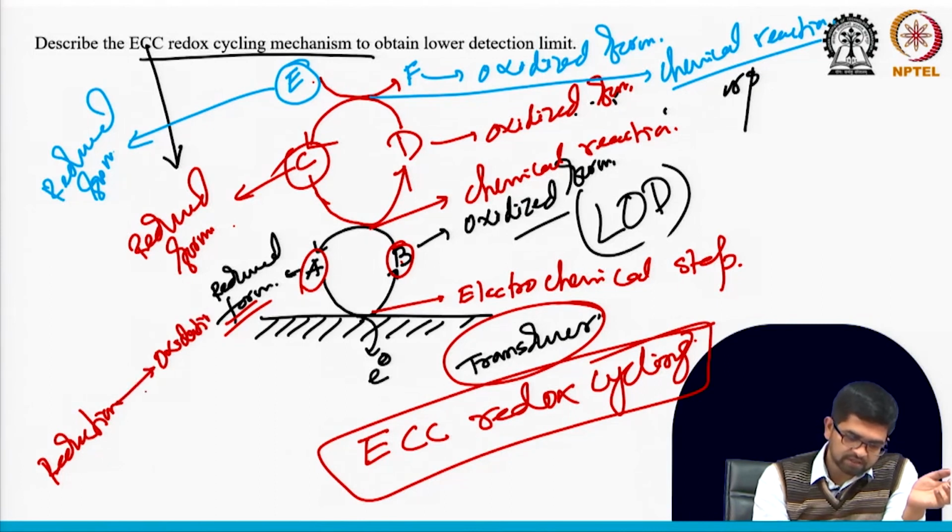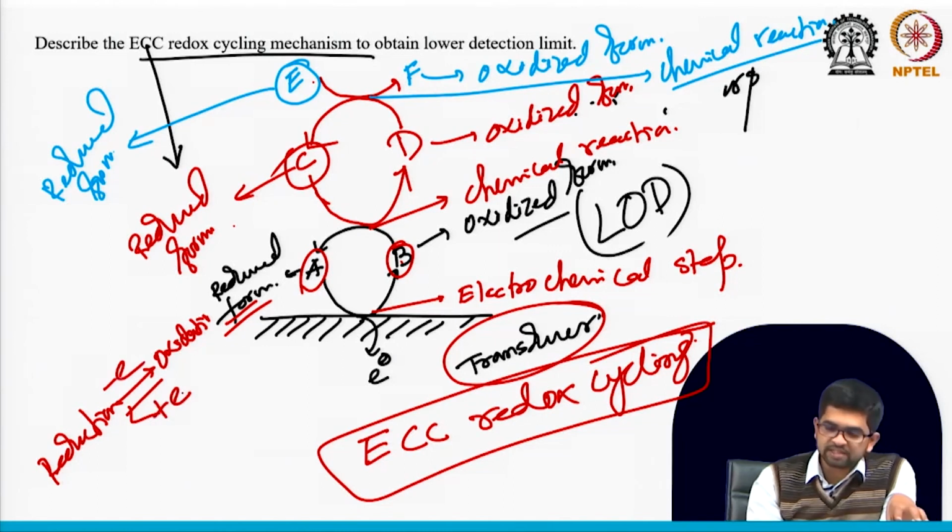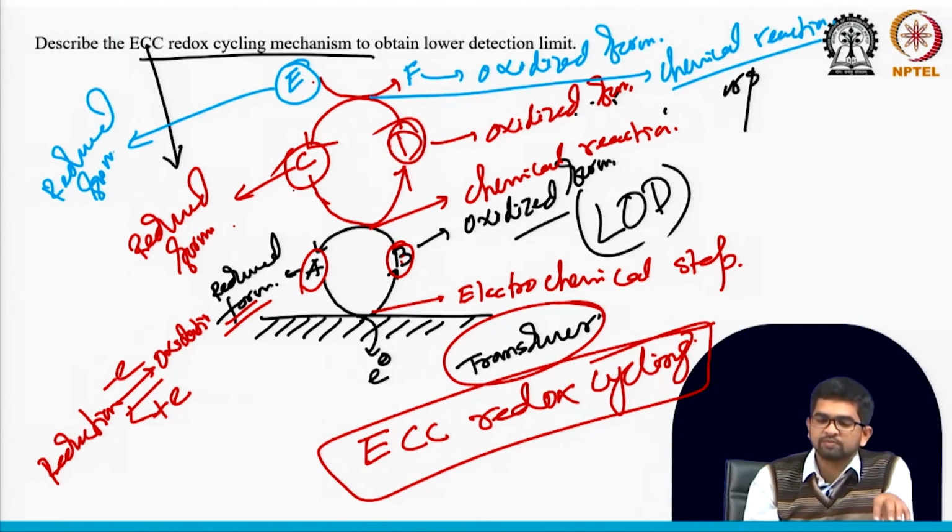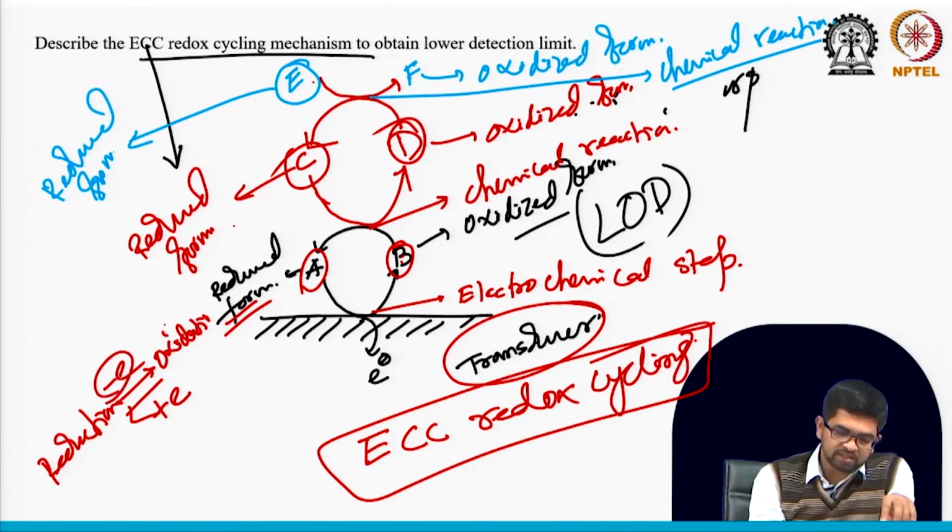Reduction to oxidation means it will release the electron, oxidation to reduction means it will accept the electron, right. So, when your B converts to the reduced form, naturally your C will convert to the oxidized form, because it already released the electron to B, itself oxidized, so it is the oxidized form.